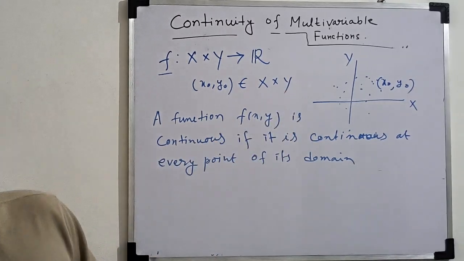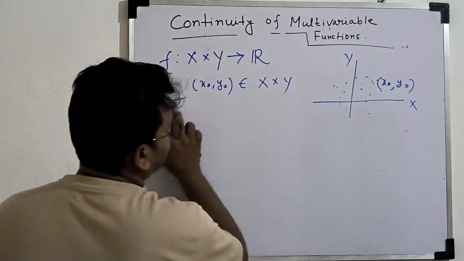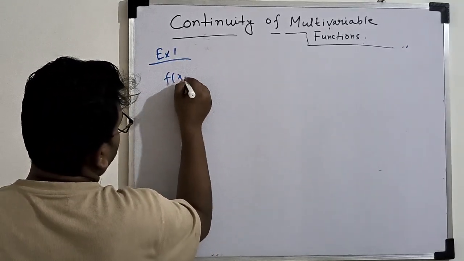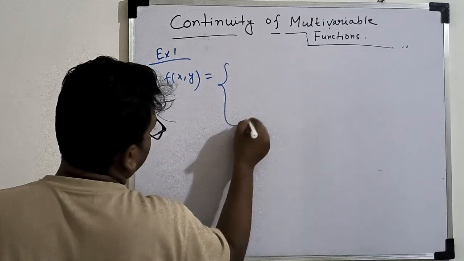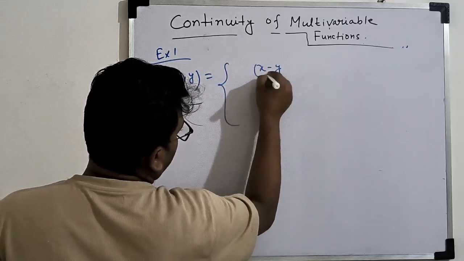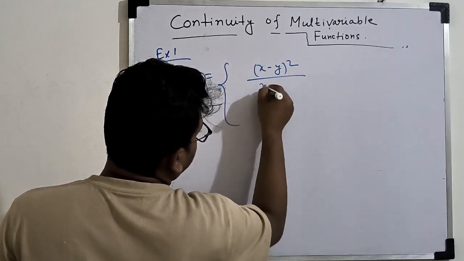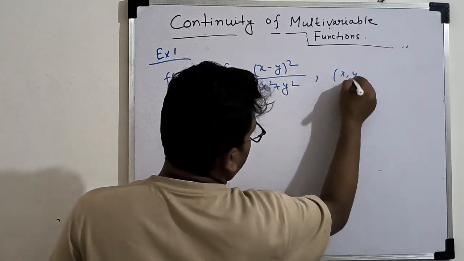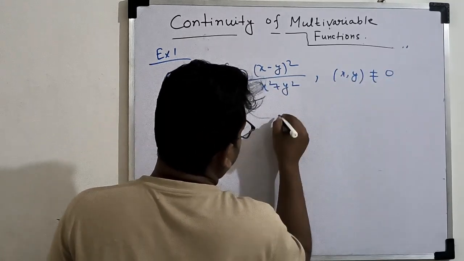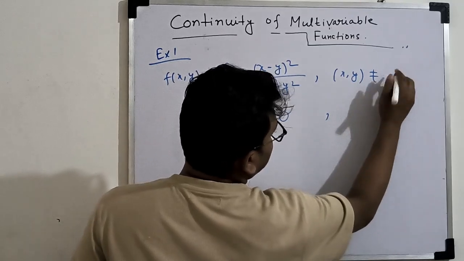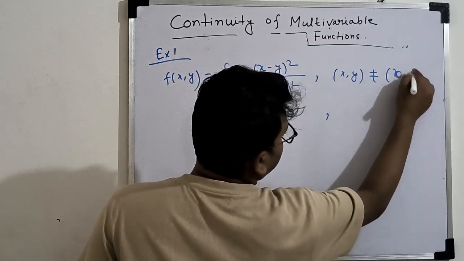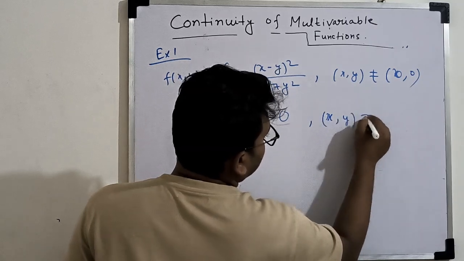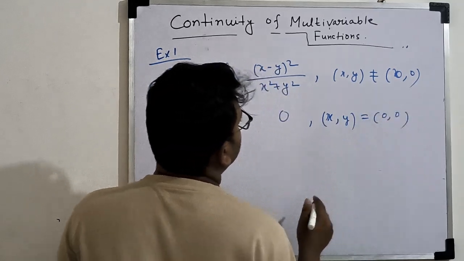So let us check the continuity of some functions. First, let us take example 1, that is f of xy equal to x minus y whole square divided by x square plus y square when x comma y is not equal to 0 comma 0, and 0 when x comma y equal to 0, 0.